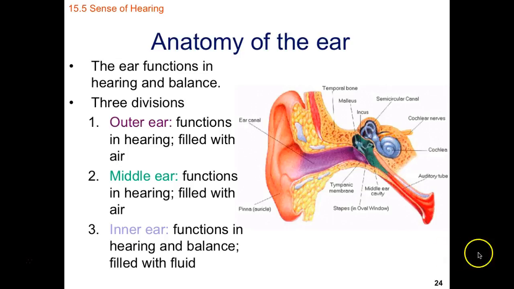We have our outer ear, which is focusing on the purple here, which is going to function in hearing, and this is filled with air. Our middle ear is going to function in hearing as well, and this is also filled with air. And our inner ear is going to function in hearing and balance, and this is filled with fluid.